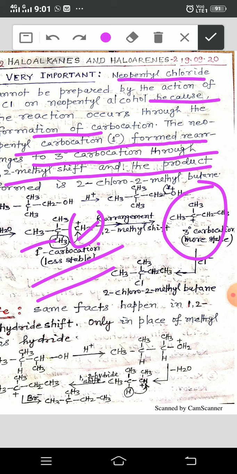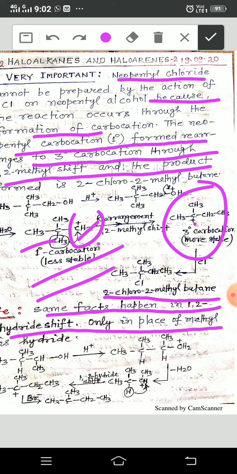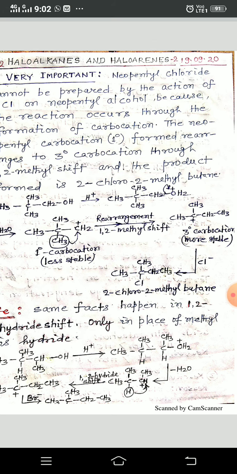Now chlorine will attack at this position. That's why it forms 2-chloro-2-methylbutane. So in place of neopentyl chloride you will get 2-chloro-2-methylbutane. The same thing happens in a 1,2 hydride shift, only in place of methyl it is hydride, and so on.